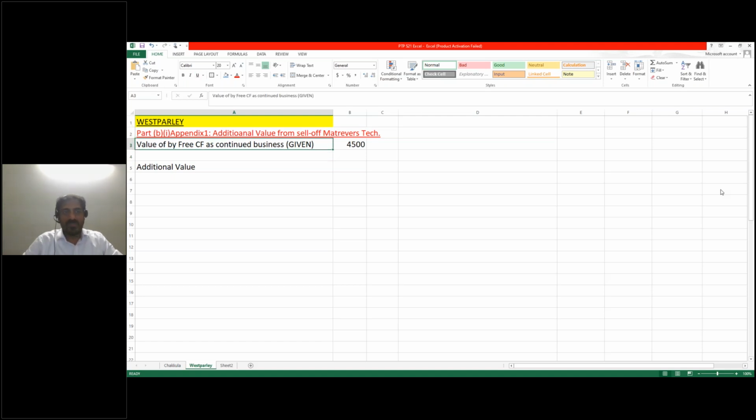Value by free cash flows as a continued business, 4,500, rather than value as a selling unit by P/E ratio.